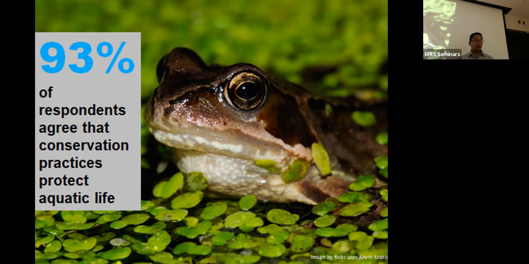So here's another slide that I've used quite a bit. We do a whole bunch of surveys. We ask, what do farmers and landowners think about conservation practices? And there are a lot of questions related to conservation practices. So this one in particular was, do they agree that conservation practices protect aquatic life?